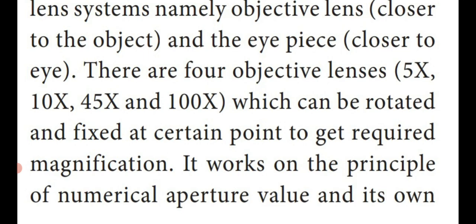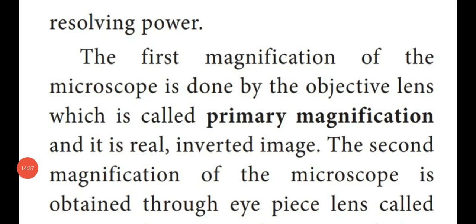Also, this bright light microscope works on the principle of numerical aperture value, that is NA, and its own resolving power. The first magnification of the microscope is done by the objective lens, which is called primary magnification, and the magnification is real and the image is inverted.